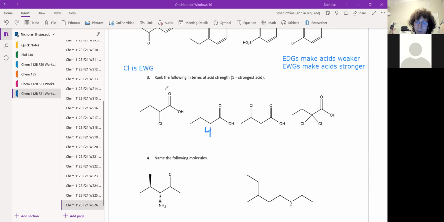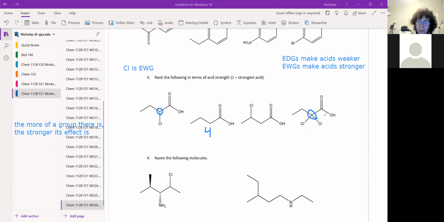And then a general rule, which you guys in chat got, but I'm just gonna make sure everybody knows, is the more of a group there is, the stronger the effect is. I don't know if that's a very good way of describing that, but this one has 2 chlorines on it, and this one only has 1.